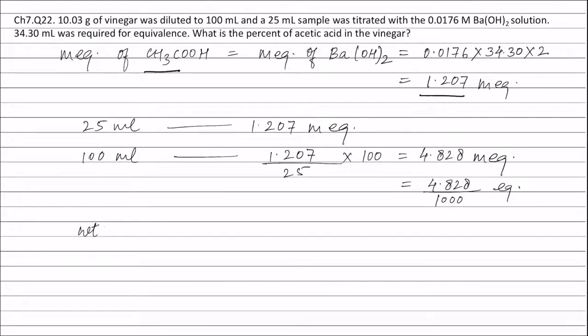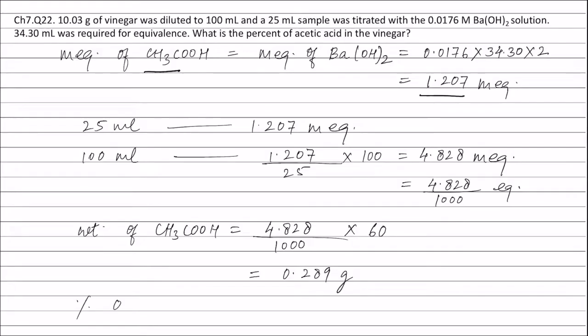Therefore, weight of acetic acid is equal to equivalents of acetic acid, that is 4.828 divided by 1000, into equivalent weight of acetic acid, that is 60, and this is equal to 0.289 grams.